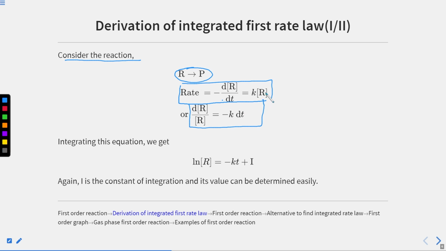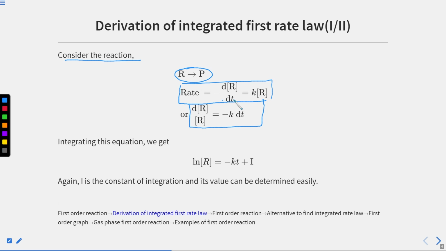We have brought this [R] here, so that d[R] and [R] are on the same side, so that we can integrate properly. Again, there is no t term, but there is a k, so we just have to move this dt here. You must see this often, that we keep dt along with k. This is a common method you should follow. And the rest you know, where the coefficient will go.